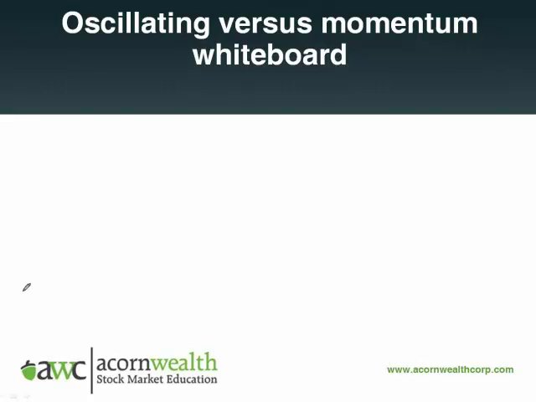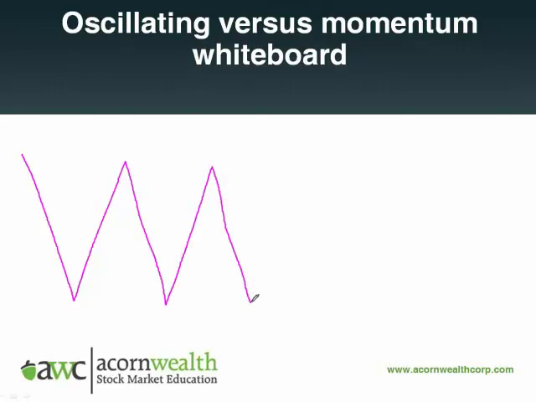Generally, in an oscillating market or stock, what you're going to see is a lot of this. A lot of basically bouncing back and forth. We can oscillate back and forth in a channel. We could also oscillate back and forth a little bit more like this. This isn't like a triangle.